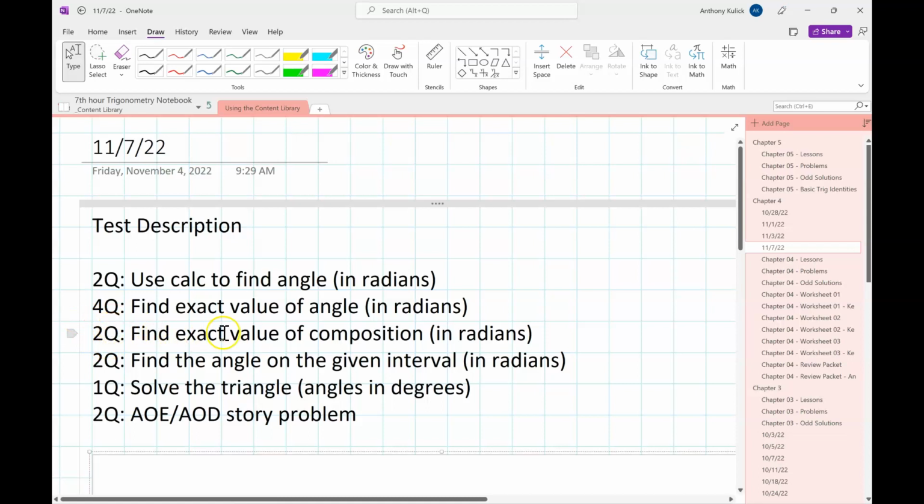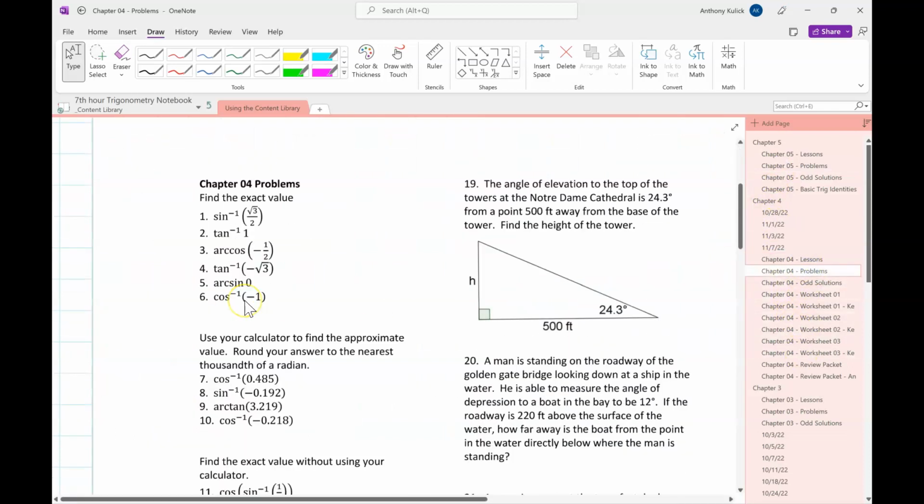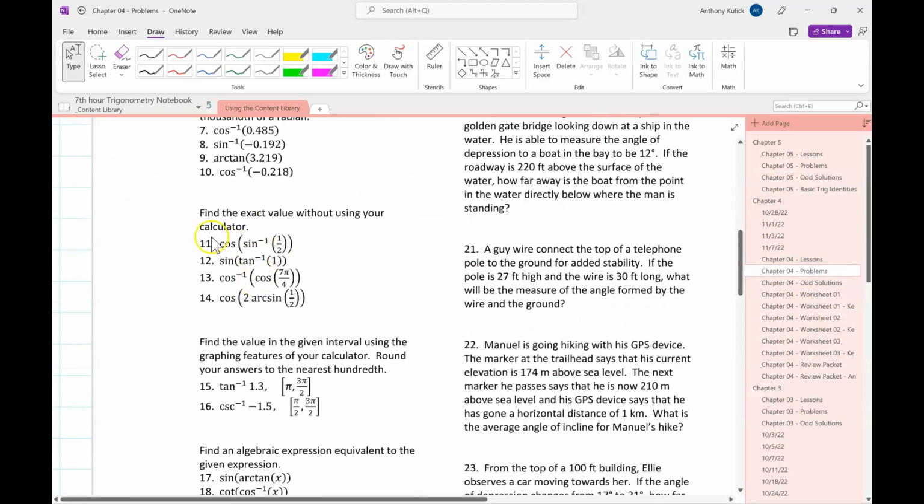Question 2, find the exact value of a composition. What am I talking about there? I'm talking about one of these things like problems 11 through 14. Right? We did this in the notes. Since it's asking for an exact value, what are you going to be using? Unit circle, very good.